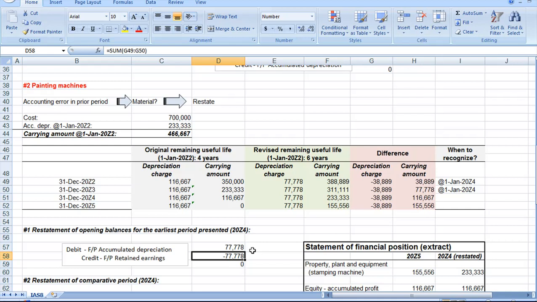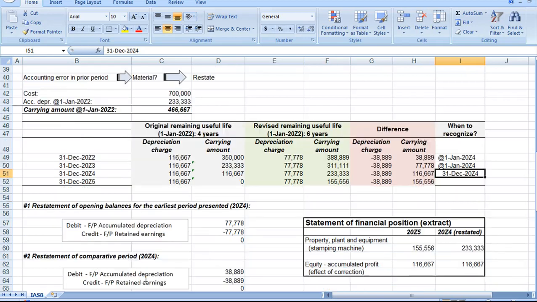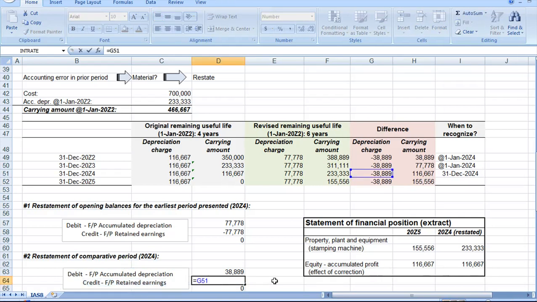The second part, difference in depreciation in the year 20Z4 will be adjusted to depreciation charge in profit or loss of 20Z4. But as we are doing this entry in 20Z5, we must credit retained earnings too. So the entry is to debit accumulated depreciation and credit retained earnings in amount of 38,888.